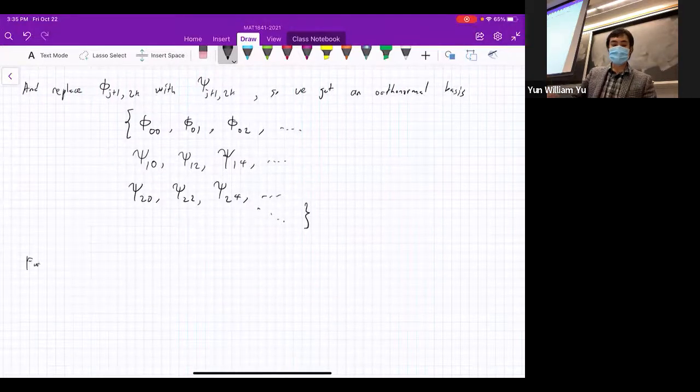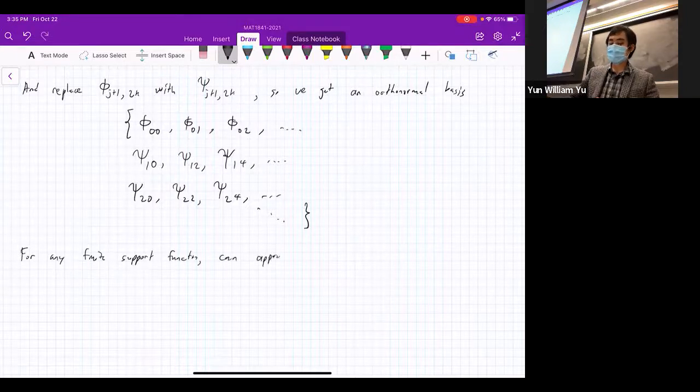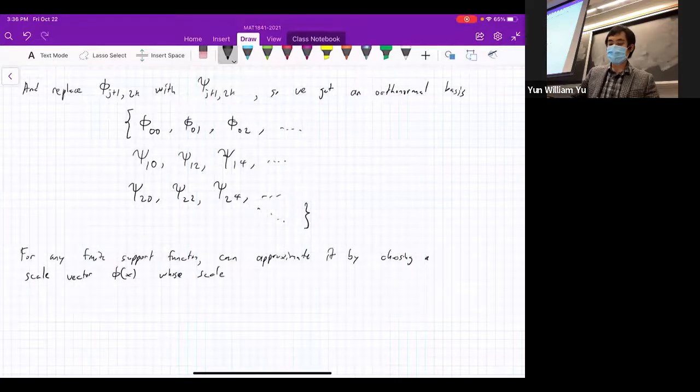Furthermore, we know that for any finite support function, we can approximate it by choosing a scale vector or phi whose scale is that of the support of the function.